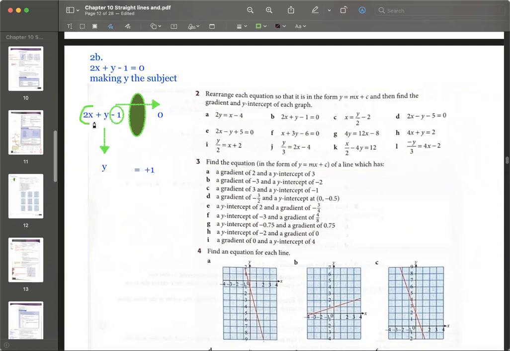This 2x is positive, so when it goes there, it becomes negative. So the 2x goes through the portal and becomes negative 2x. Then we just rearrange the equation and write y equals 1 minus 2x, or you can write y equals negative 2x plus 1.